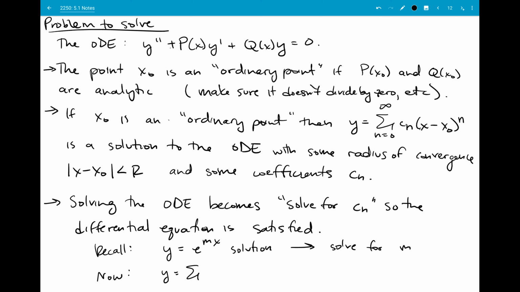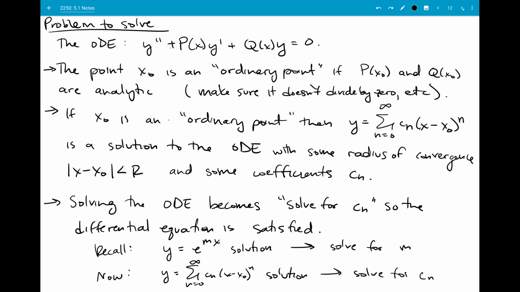We're saying y equal to the infinite sum, n equals 0 to infinity, Cn times x minus x0 to the power n, is a solution. It becomes solve for Cn. Both of these just being basic algebra problems when you get down to it. It's just that this process is going to be a little bit more complicated because series are a little bit more complicated.